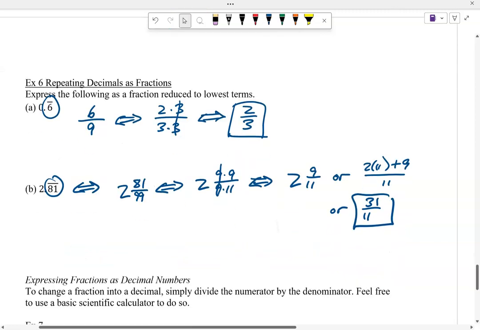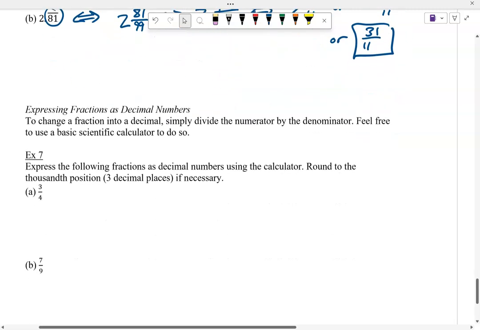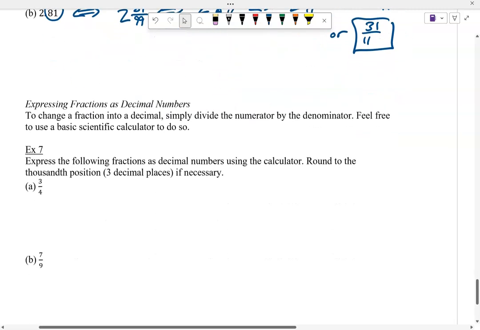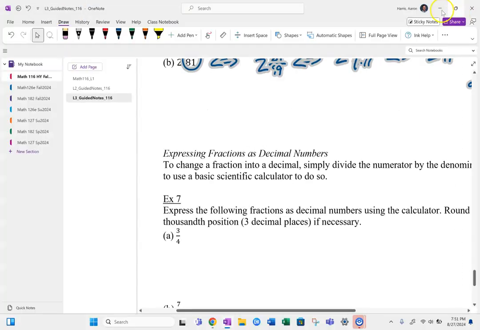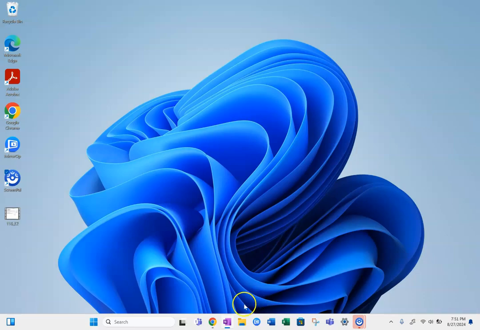All right, and finally we'll finish up with some easy changing fractions to decimals. So you just take 3/4. You go ahead and divide that. And so let's just go ahead and pull up our scientific calculator here.